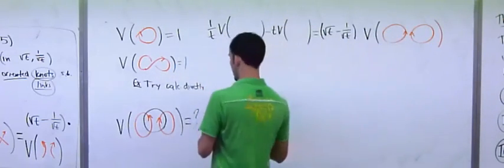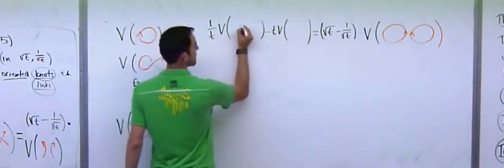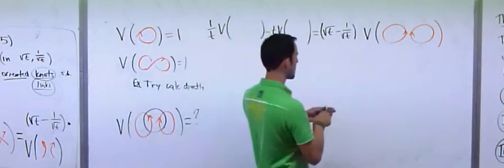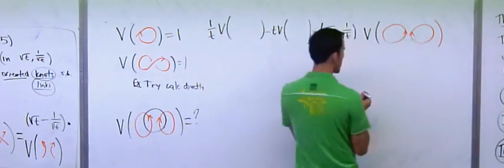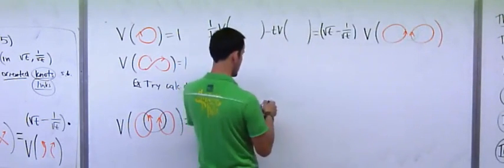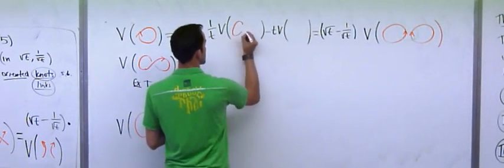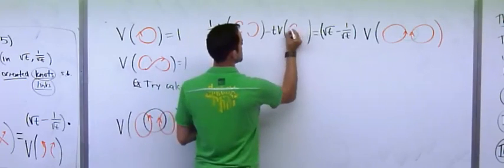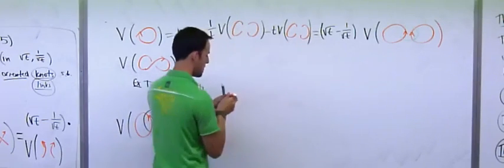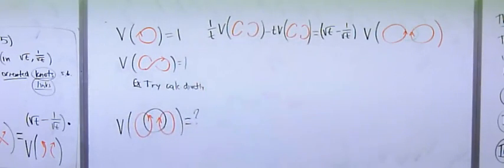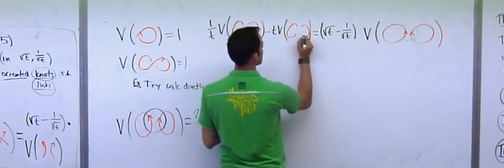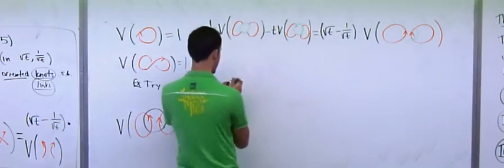What does this guy look like? Well, what you do is, again, we're zooming in here, right? So you leave everything else alone. And then the green stuff, you flip it according to what the formula over there says. Okay.